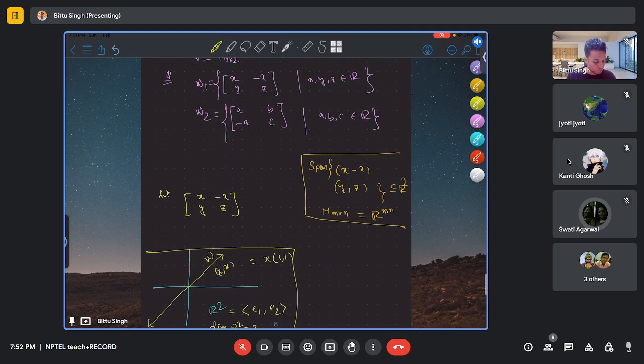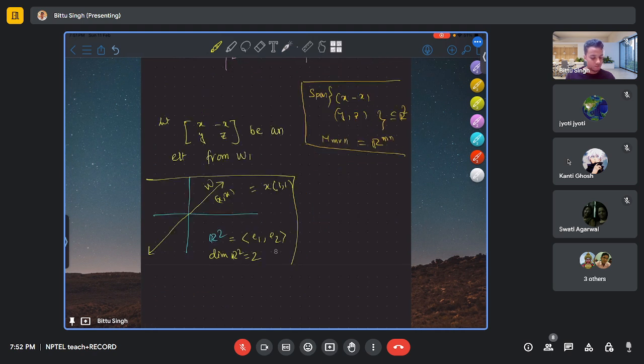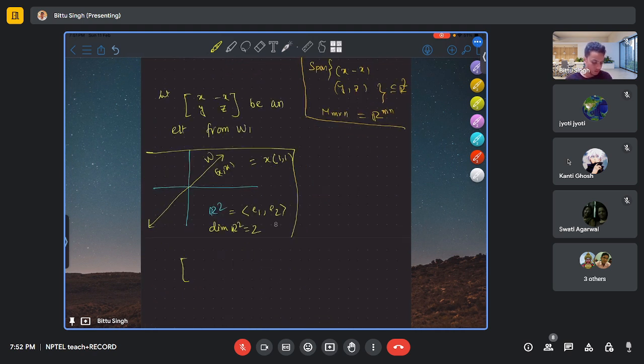So let this be an element from W1. Then we can write this vector (x, minus x, y, z) using similar tricks. If you take x out, then it will be x times (1, minus 1, 0, 0).